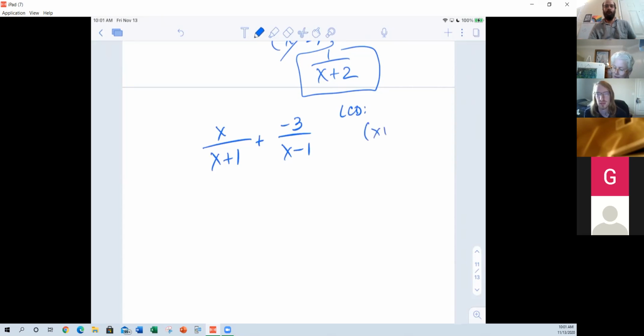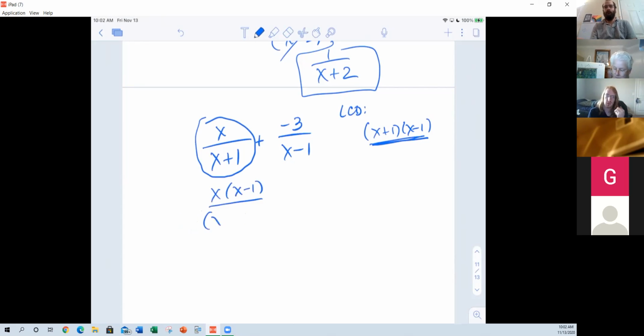Yes, x plus 1, x minus 1. So what are we going to have to do to this first fraction to get the denominator to look like that? Multiply both parts by x minus 1. Yeah, multiply top and bottom by x minus 1, right? What are we going to have to do to this fraction to get the denominator to look like that? Multiply it by x plus 1. Right.